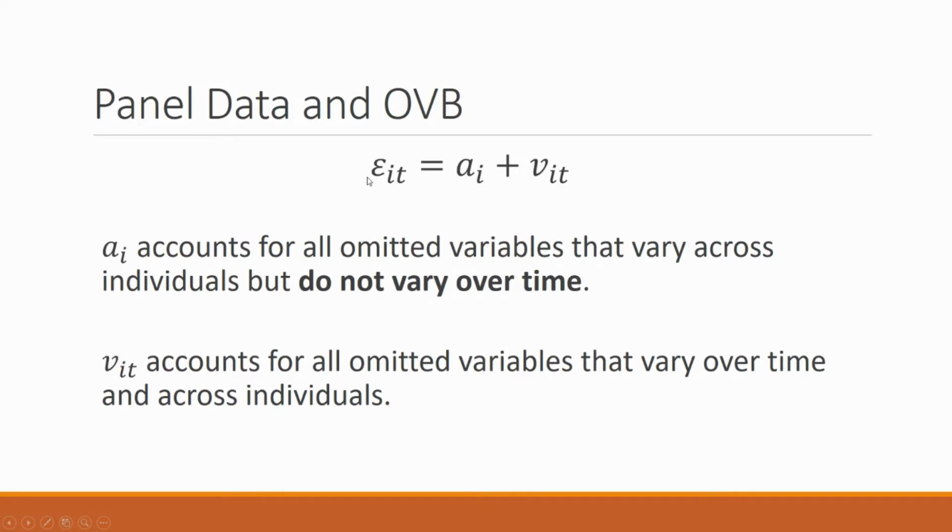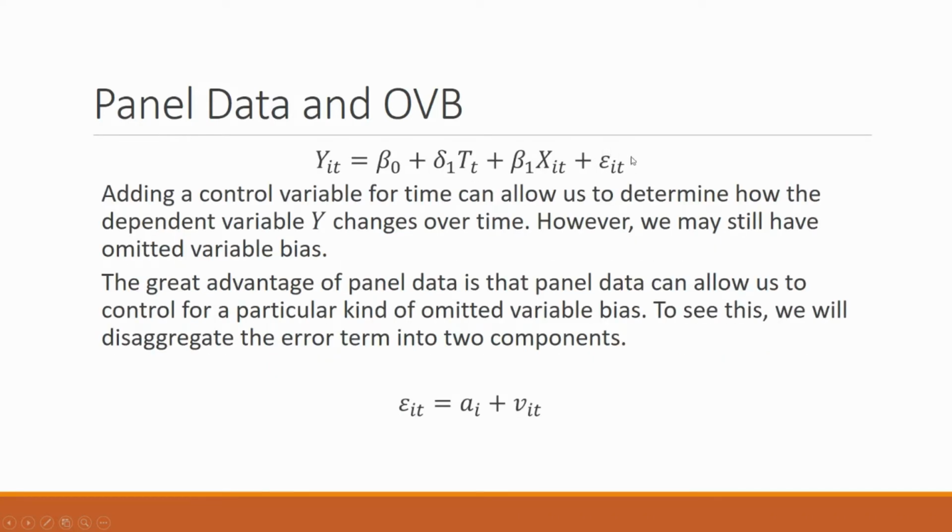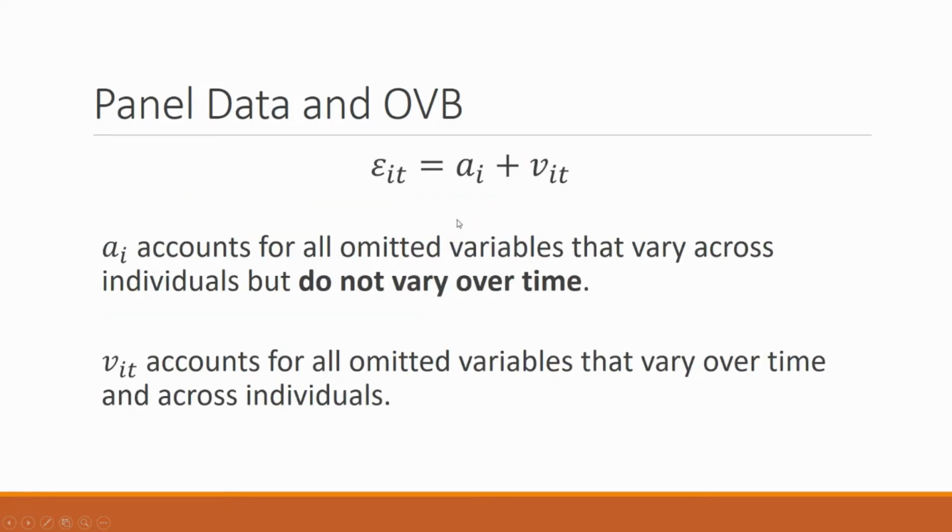All right, so just recapping here. The error term in this regression accounts for all the omitted variables. It captures the information for all the omitted variables, everything that's excluded from the model. And what I'm saying is that this error term is composed of two parts.